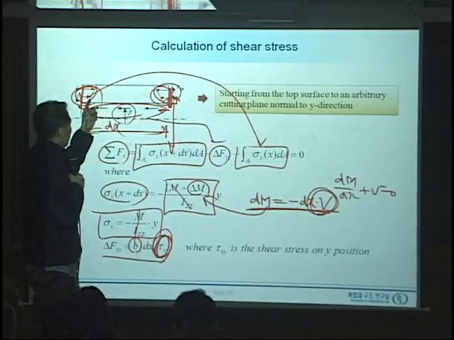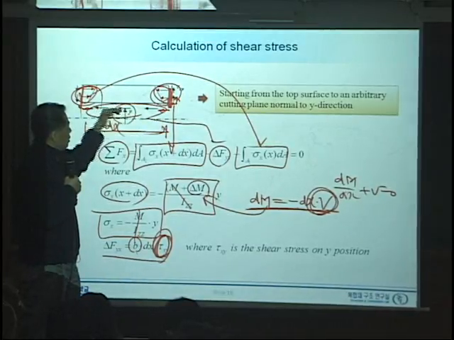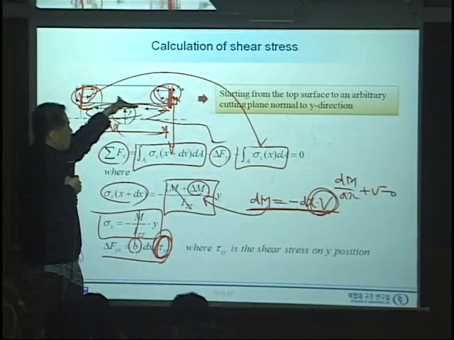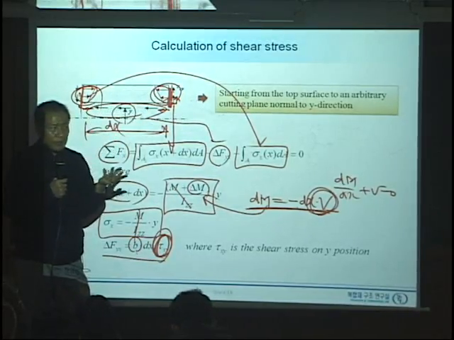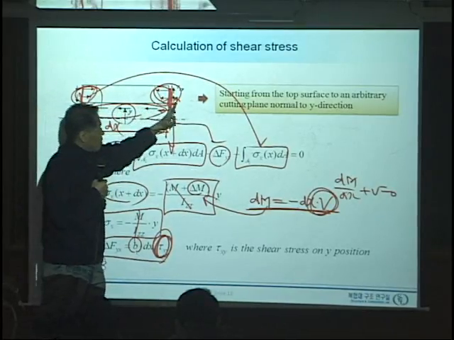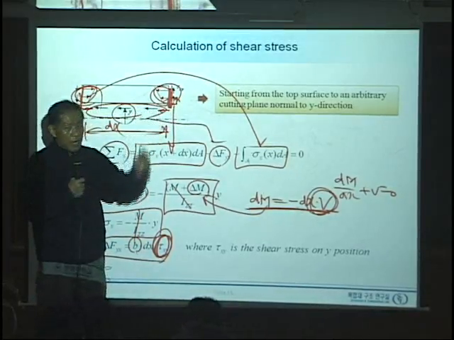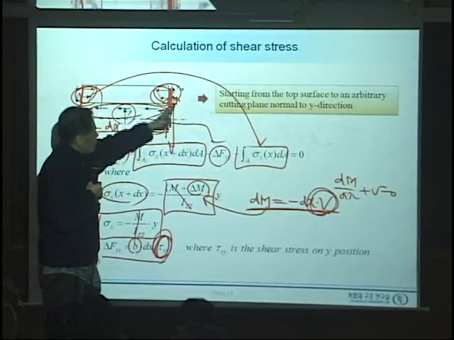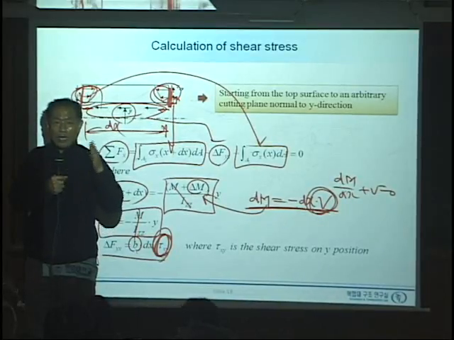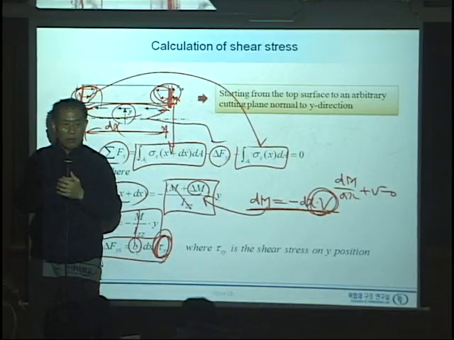The difference between these forces will exist at the bottom part, and this is the shear stress, which will be in force equilibrium. This shear stress will be the same as this one and that one, and this is how we calculate the shear stress. And if we change the y, then we calculate this shear stress distribution, and the summation of all this shear stress will be what? Shear force. Okay?